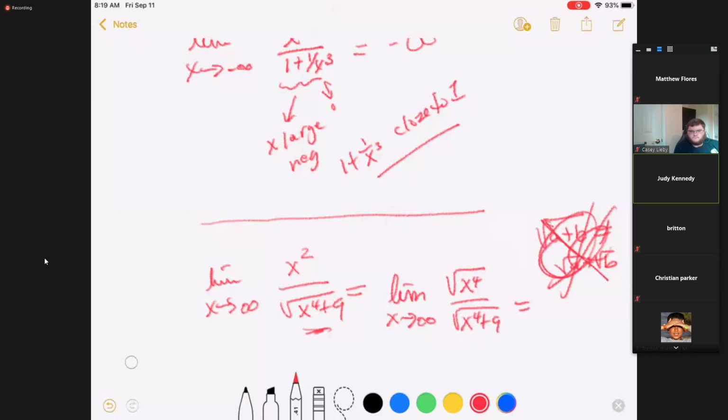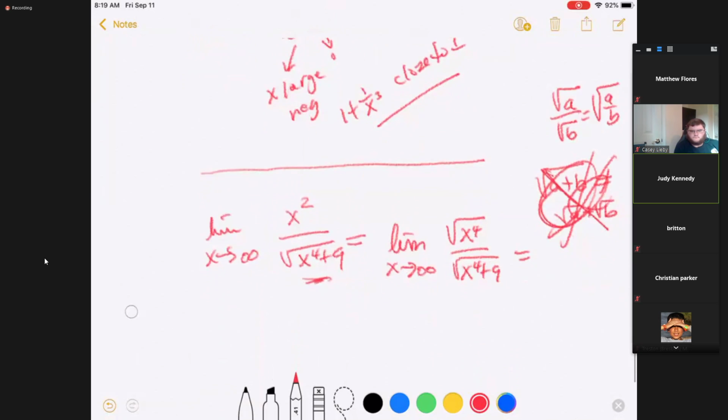And now, the square root of a over the square root of b is the square root of a over b. That's from algebra. So this is the limit as x goes to infinity of the square root of x to the 4th over x to the 4th plus 9.